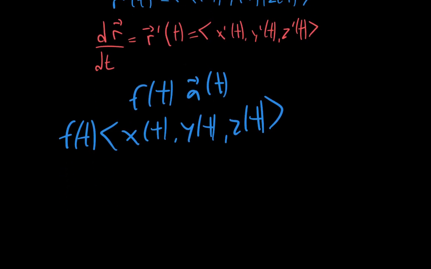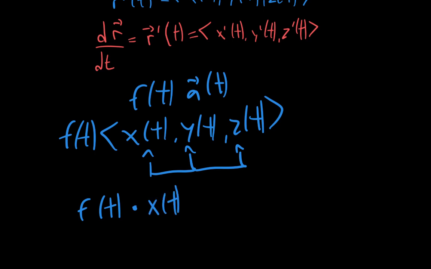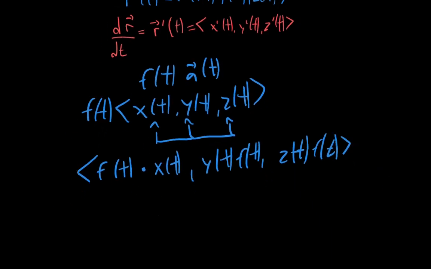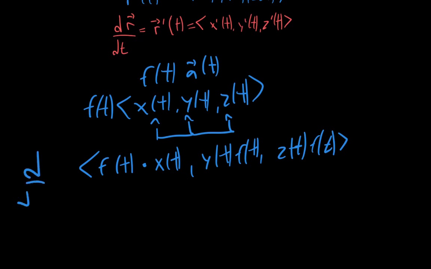Well, we're going to have to do the product rule for each individual component, because it'll look like f of t times x of t, comma, y of t times f of t, comma, z of t times f of t. And if we wanted to differentiate that, we can.